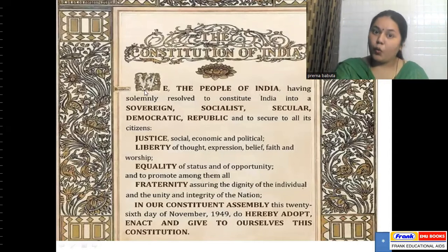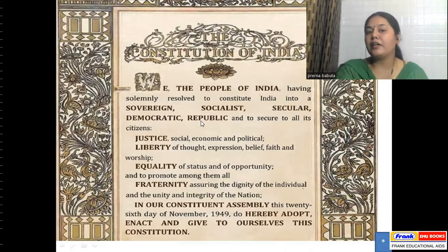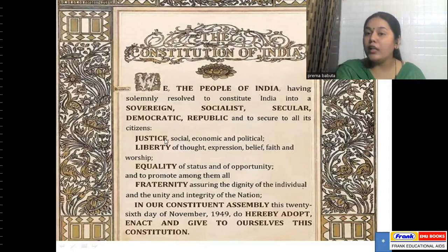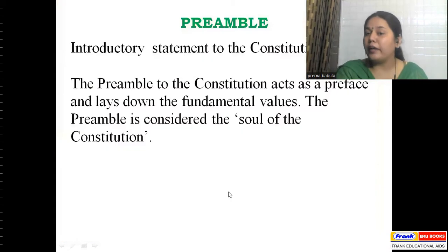It says, we, the people of India, having solemnly resolved to constitute India into a sovereign, socialist, secular, democratic republic, and to secure all its citizens justice. What forms of justice? Social, economic, and political. Then liberty of thought, expression, belief, faith, and worship. Equality in all aspects. Fraternity, that is about brotherhood. In our Constituent Assembly, this 26th day of November 1949, do hereby adopt and enact the Constitution.